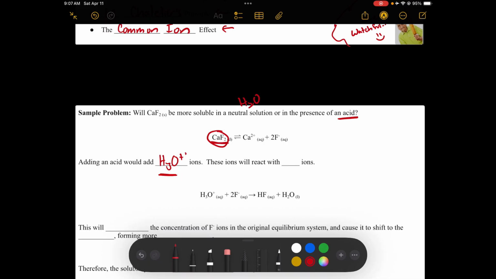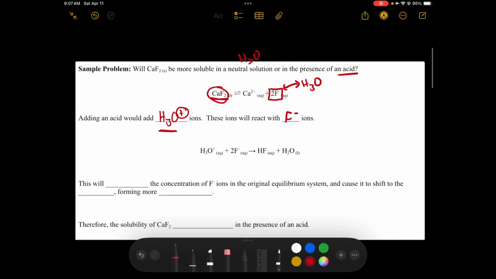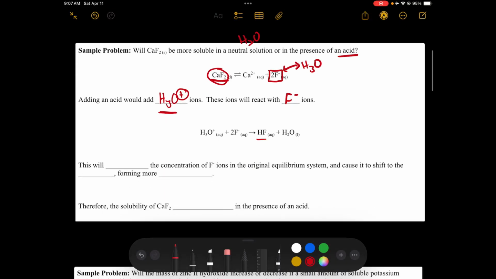So that positive charge means that the H3O+ is very likely to react with anything in the equilibrium system that is negatively charged. In this case, that's the fluoride ions. So the H3O+ is going to react with those fluorides. What that does is it creates a little bit of hydrofluoric acid and some water.